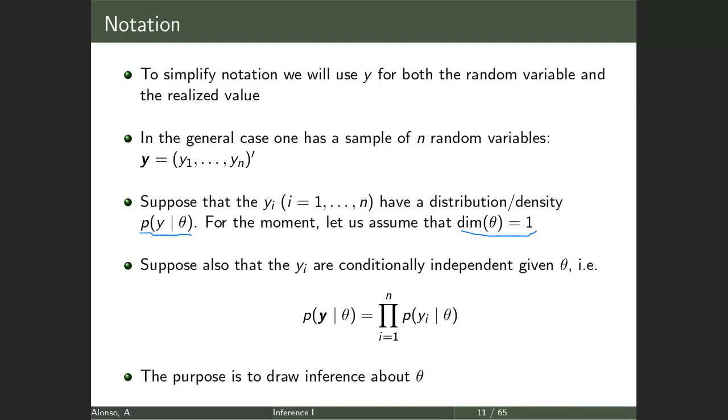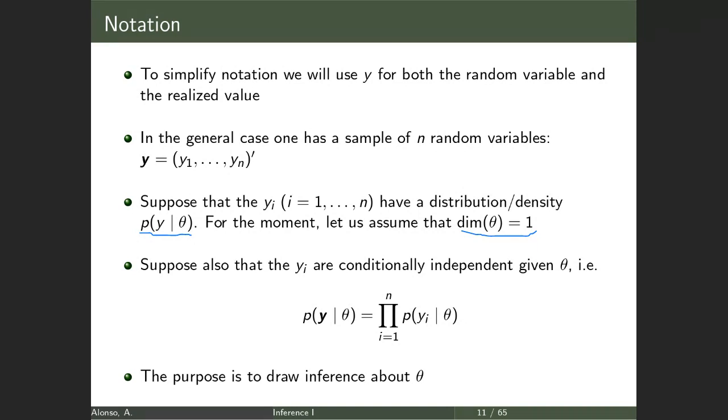Now, we're going to keep making assumptions. We are going to assume that all these outcomes are independent. They are realizations from the same underlying probabilistic model, and they are independent. Independent means that the outcome we observe in one subject has nothing to do with the outcome we observe in another subject.